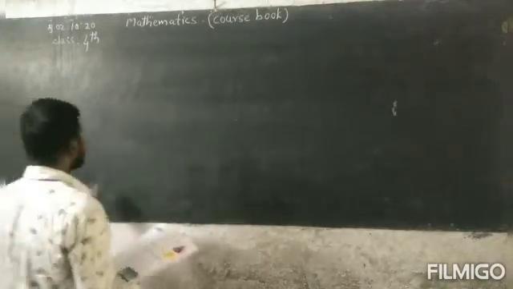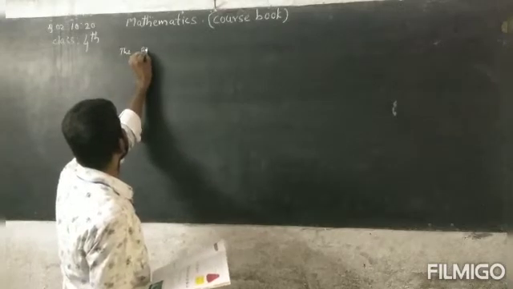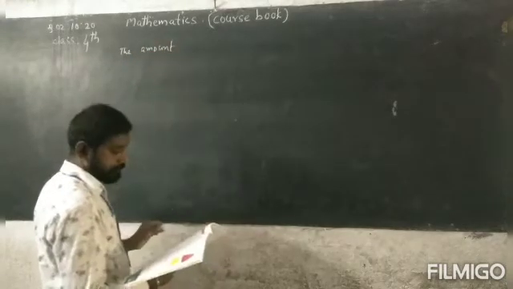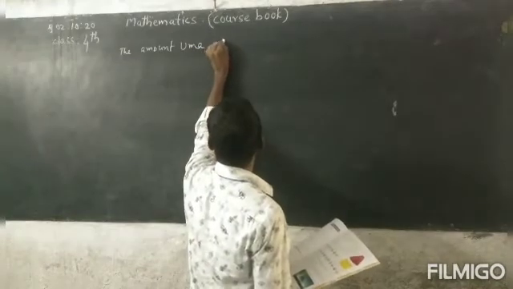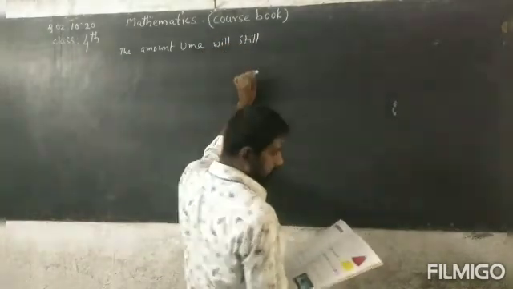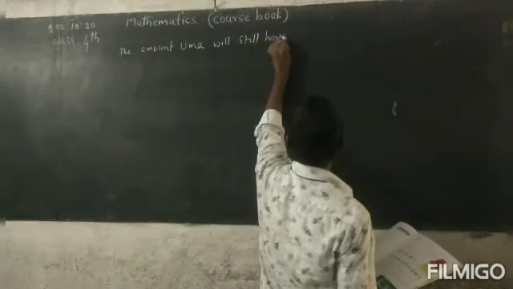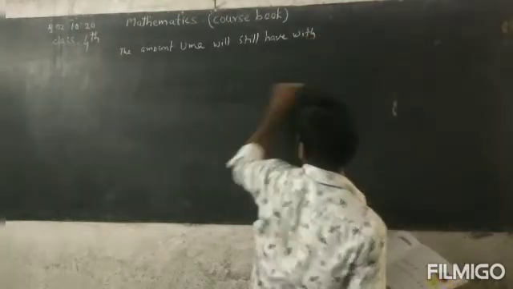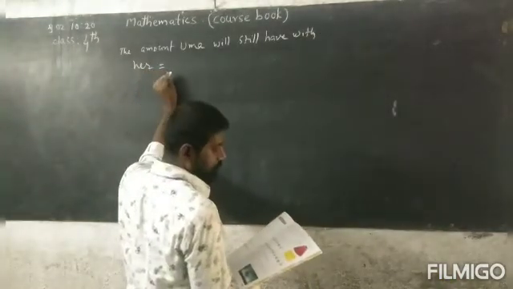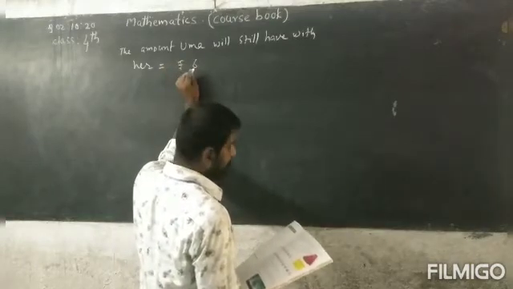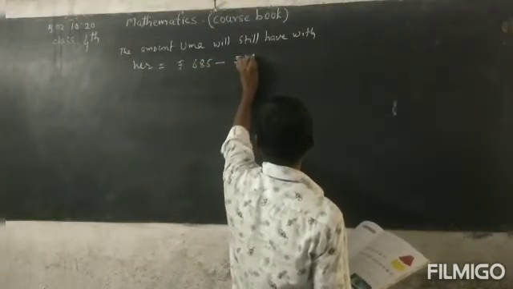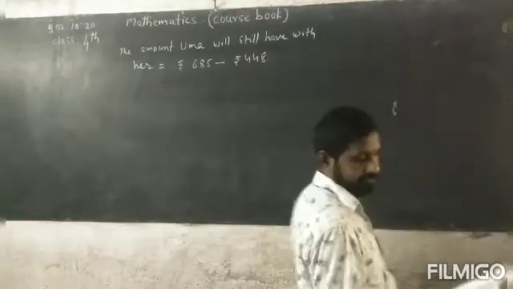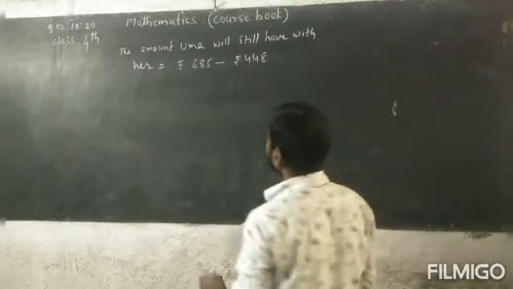First of all, you can write: the amount Uma will still have with her is equal to 685 minus 448. See, you can write this. This is a very simple method.